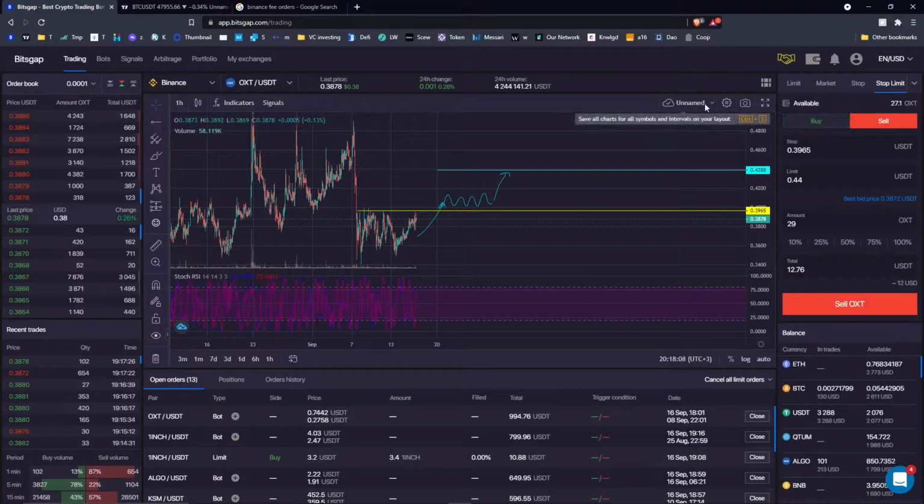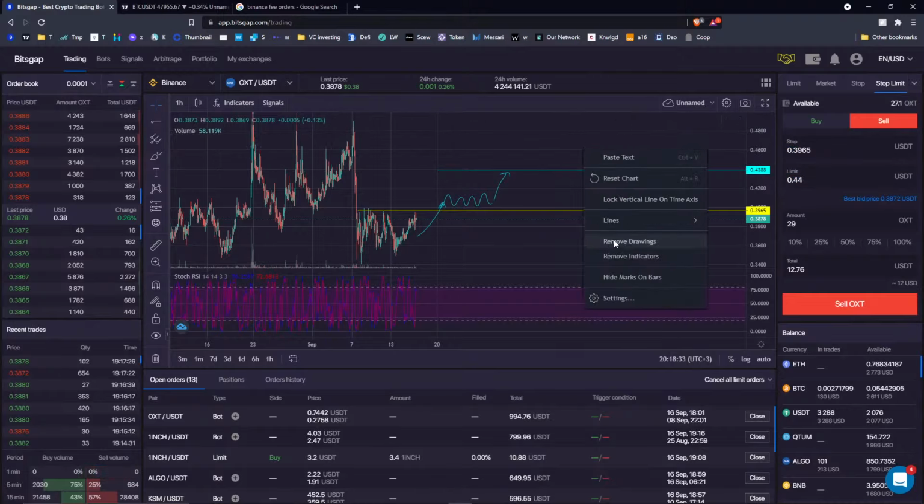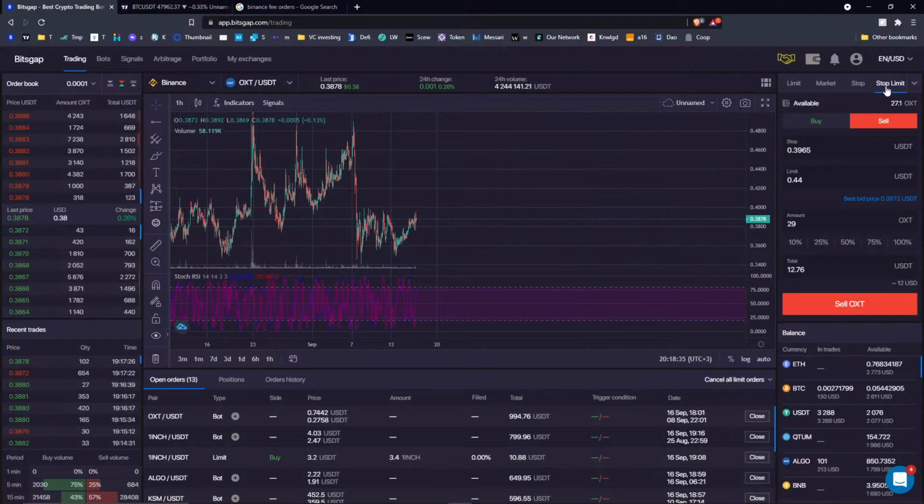Well, basically, if you are trading the futures market, that's how you can use it. But yeah, the only difference from the ordinary limit buy or limit sell order is that now you have this conditional price, which once the market price meets this condition, it's going to execute the order that you want it to plot. Okay, so that's how you can use the stop limit.